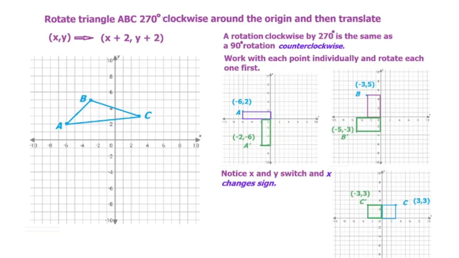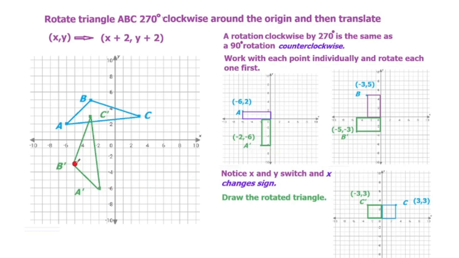So now we can draw the new triangle that's been rotated. There it is. We have our points A, B, and C, and then we just draw it. Point A prime is at -2, -6.